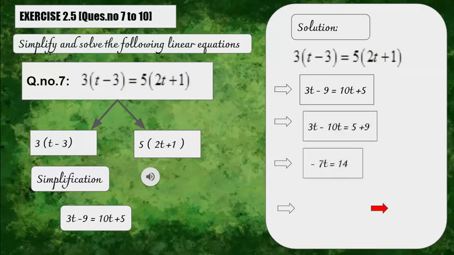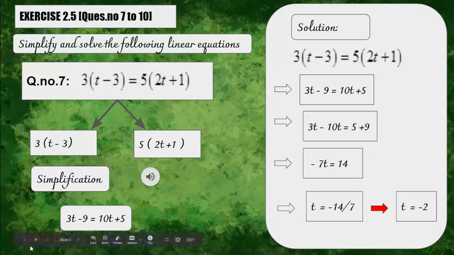So next step we are getting minus 7t is equal to 14. So t is equal to minus 14 upon 7. So we will get the value of t is minus 2.